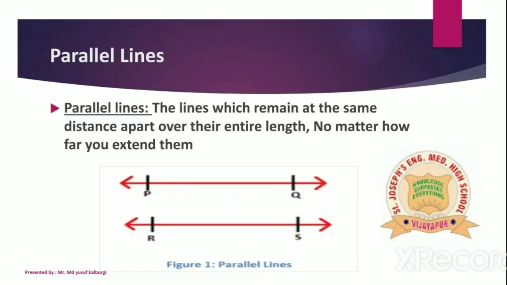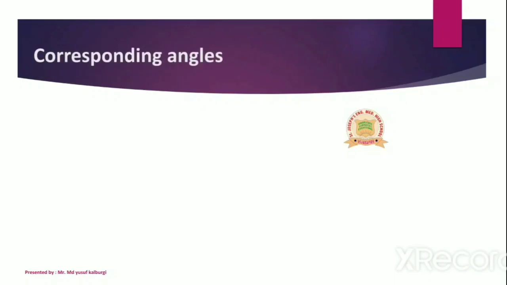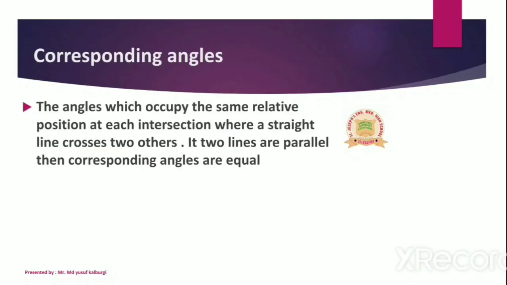Now let's go for the corresponding angles, the angles related to the transversal and parallel lines. So what are corresponding angles? Let us define it first. They are the angles which occupy the same relative position at each intersection when a straight line crosses two others. What is it saying?